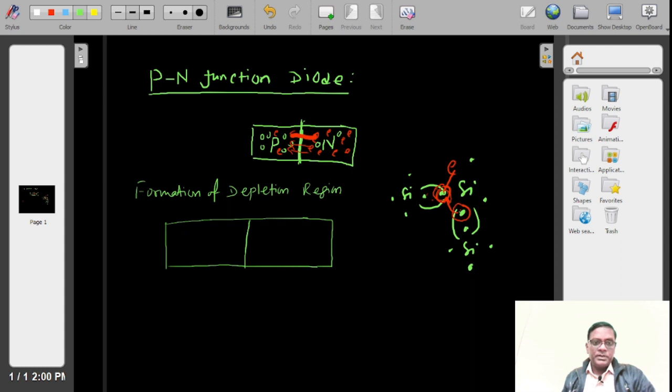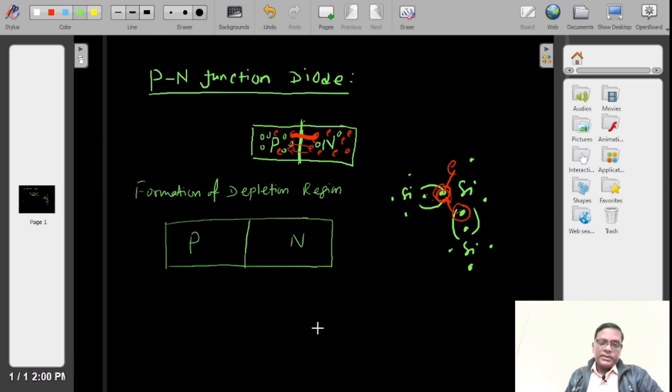So here we have p type, here we have n type. The n type material has pentavalent impurity atoms, which are here. I am just drawing the structure of the pentavalent impurity atom.